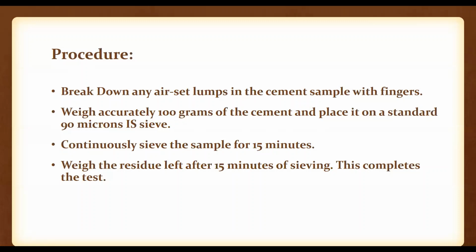According to the international system, it is 90 microns, and you say number 200 sieve. Continuously sieve the sample for 15 minutes. You can do it manually or with the sieve shaker. Weigh the residue left after 15 minutes of sieving. This completes the test. So, the residue left on the number 200 sieve.